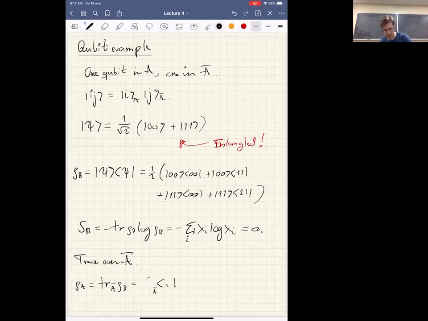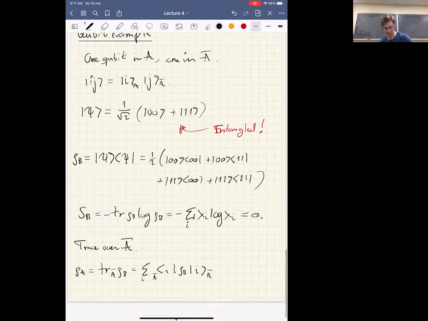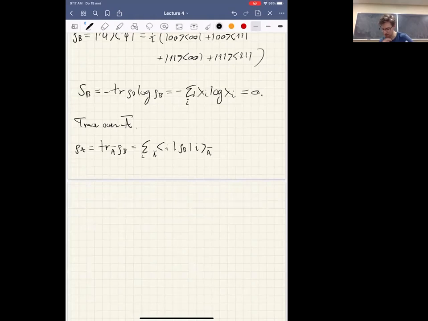We take the inner product of the second qubit in A bar. And when you do this trace, what you find is the following. So now we're left with only the qubit in A.